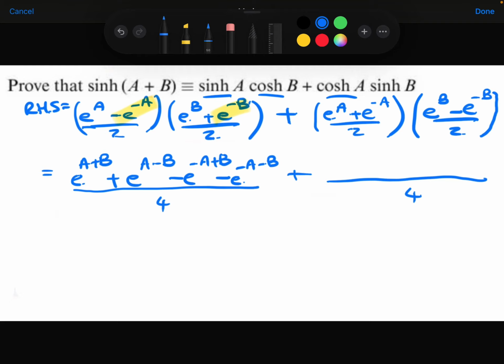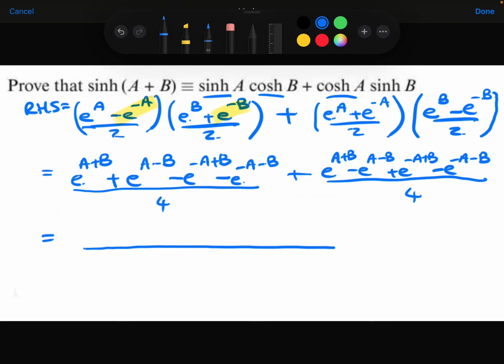Next set of brackets, I'll do this one a little bit quicker: e to the A plus B minus e to the A minus B plus e to the minus A plus B minus e to the minus A minus B. Now, I've expanded those brackets and I've got a common denominator of 4. I can add these two fractions together.